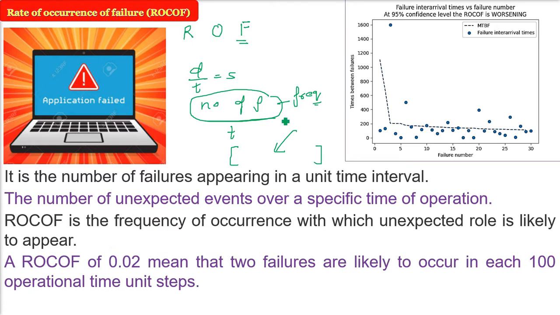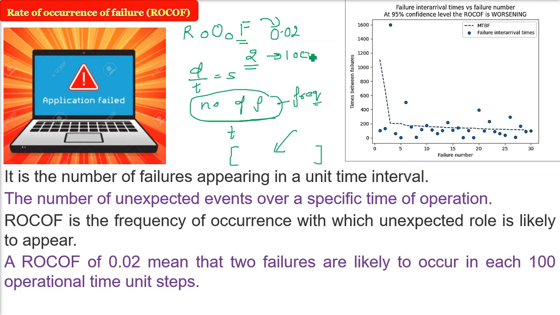When we come to quantitative analysis, what does a ROCOF of 0.02 mean? It means that two failures are likely to occur in each 100 operational time unit steps.